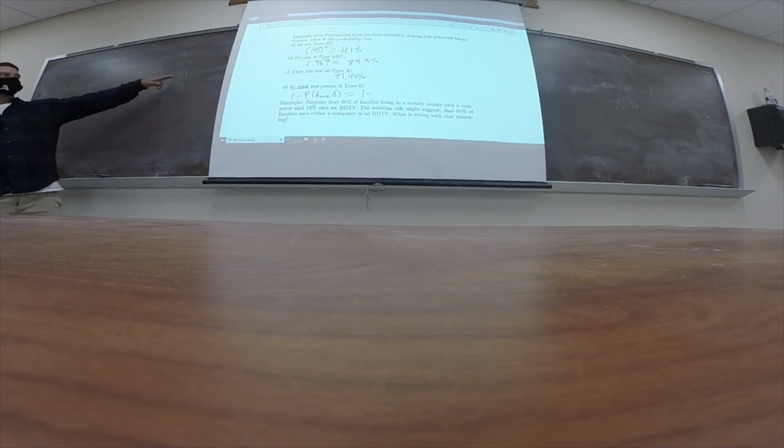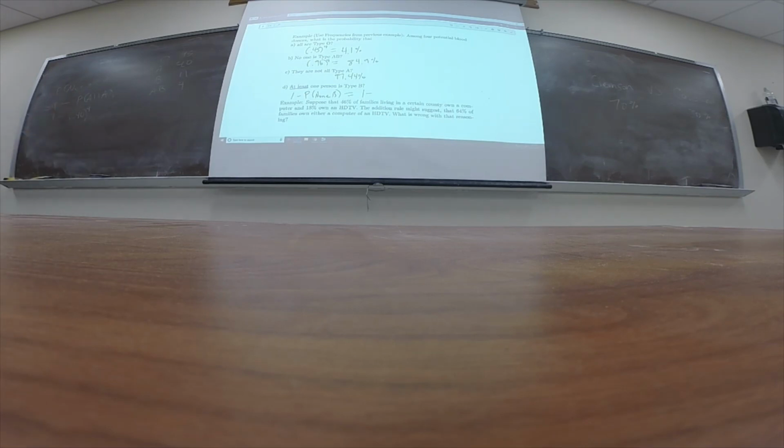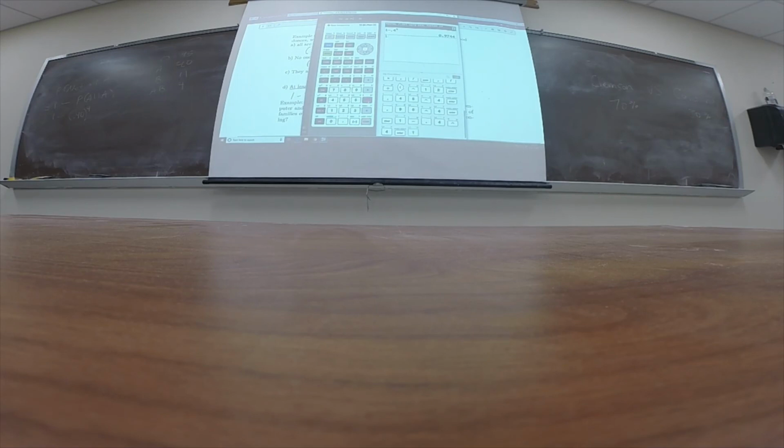If the B's are 11%, not B is going to be 89%, right? So 0.89, and we'll raise that to the fourth because we've got 4 people coming to give blood. So we've got 1 minus 0.89 to the 4th, which gives us approximately 37.3%.